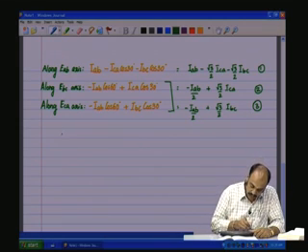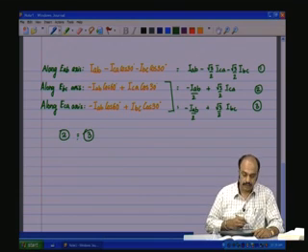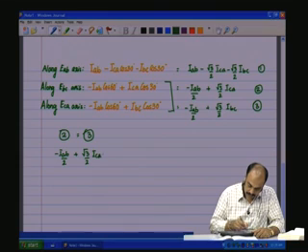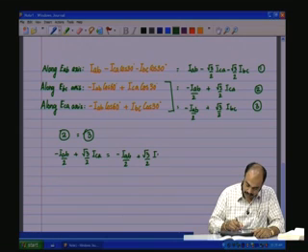Let us first equate 2 and 3. We have minus IAB by 2 plus root 3 by 2 ICA should be equal to minus IAB by 2 plus root 3 by 2 IBC.